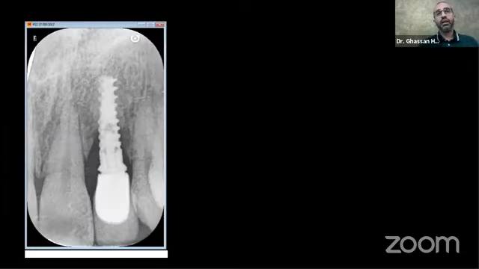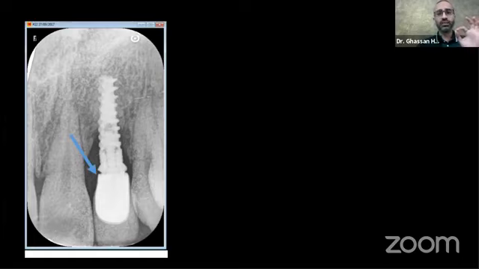First, I took a parallel periapical X-ray. If we notice here, we have a poorly seated crown. From our first look, it looks like a simple peri-implantitis case, with just a vertical defect here and a vertical defect here. But usually, or always, periapicals don't give us the real story.